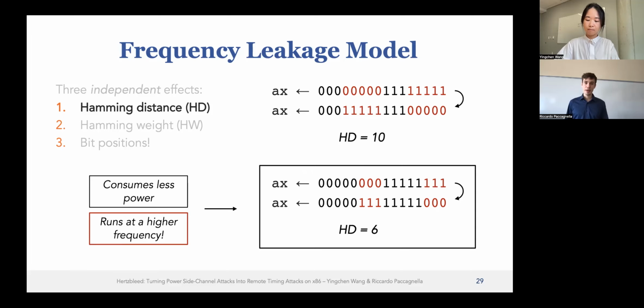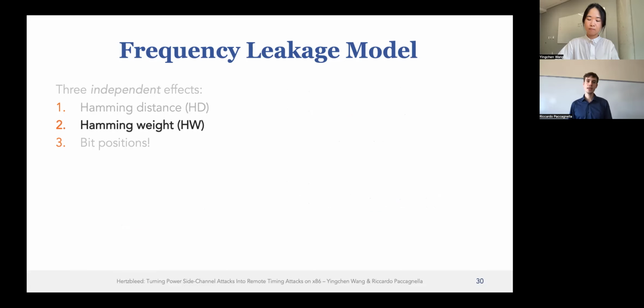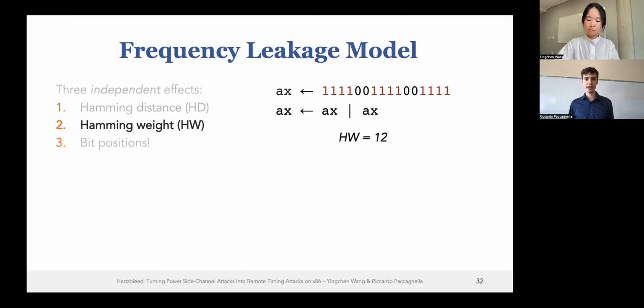The second independent effect that we observed beyond the Hamming distance is the Hamming weight effect. Consider during a workload execution that we have a computation that looks like this, where it computes on, again, this register AX, but the number of bit transitions is 0, because there are no bits that flip during this computation.